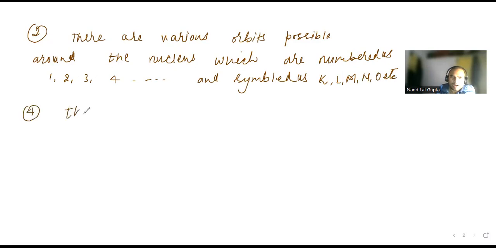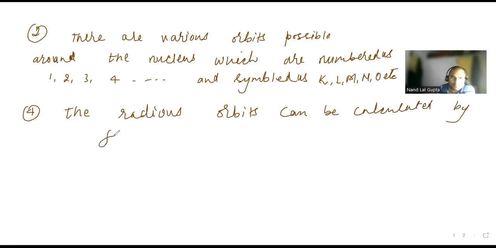Now, point number 4. The radius of orbits can be calculated by a formula.